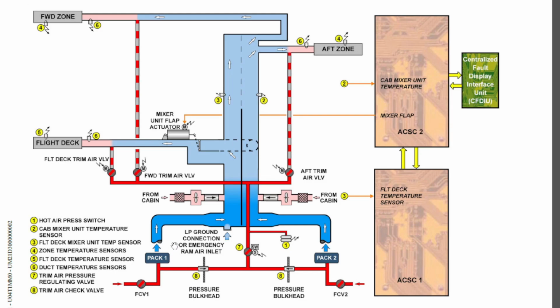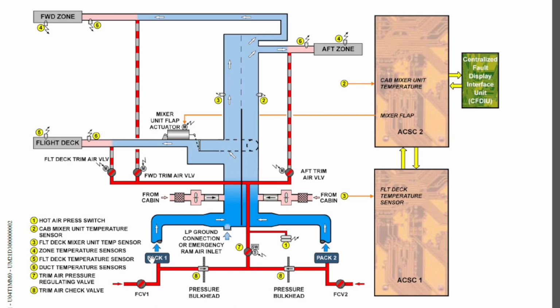One part will go through the packs, and the other part belongs to the hot air system. I told you that day that we'll discuss the mixer unit and the hot air system together, so that's what we are trying to do today. We will not discuss the flow control valve and pack part. We'll discuss the mixer unit and the hot air part today.